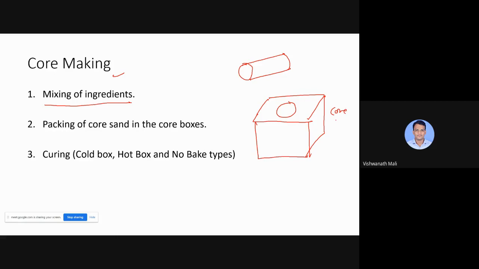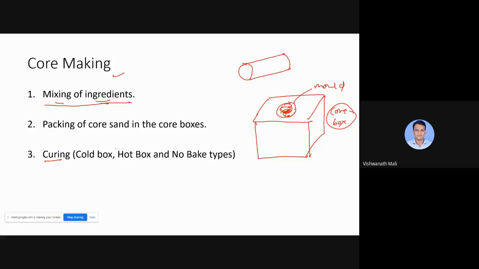This is known as the core box, a mold which is used to prepare the core. Whatever ingredients we have mixed, we pour into the core box. That is the second step. After this second step, we go for curing.